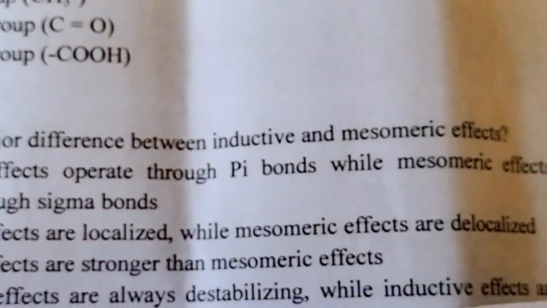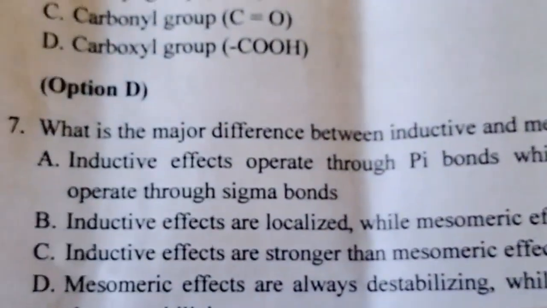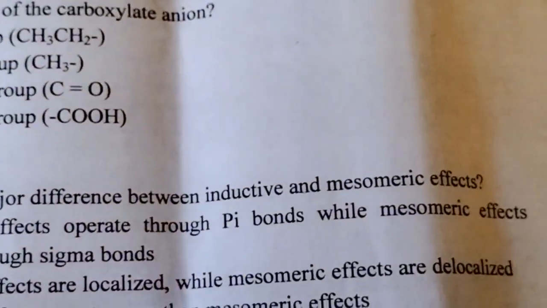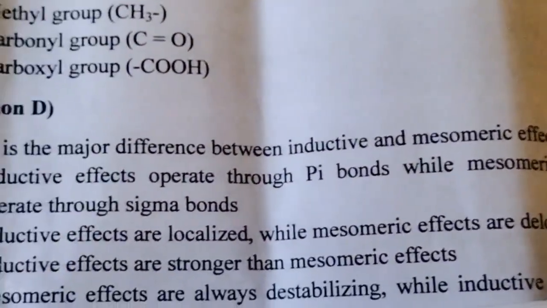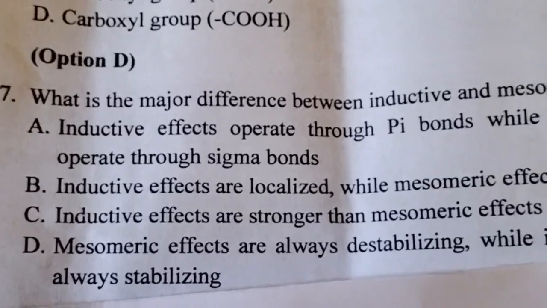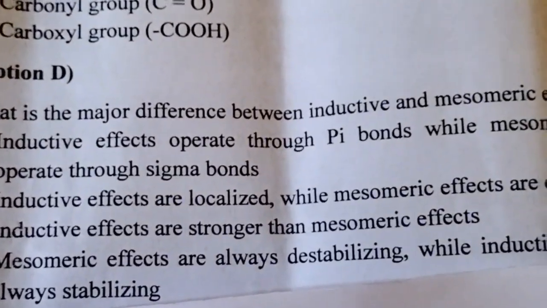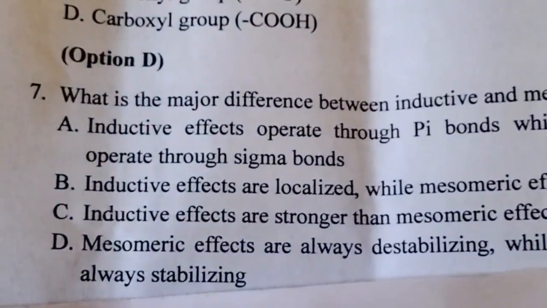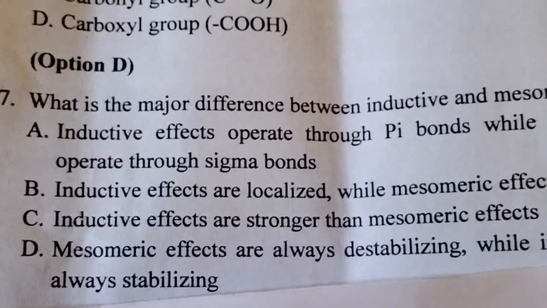Number 7. What is the major difference between inductive and mesomeric effects? A. Inductive effect operates through a pi bond, while mesomeric effect operates through a sigma bond. B. Inductive effects are localized, while mesomeric effects are delocalized.